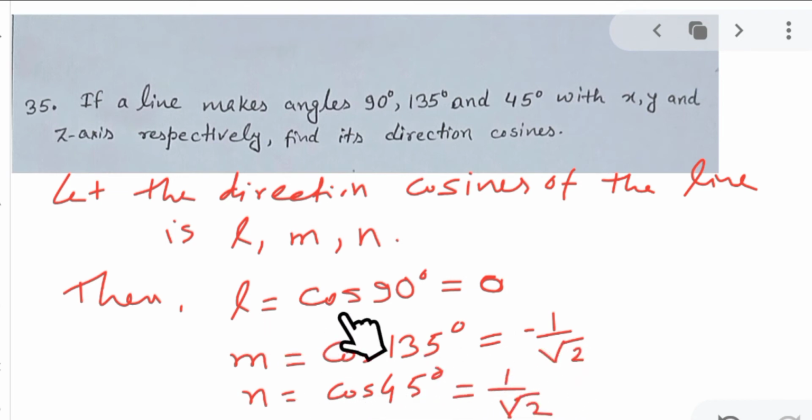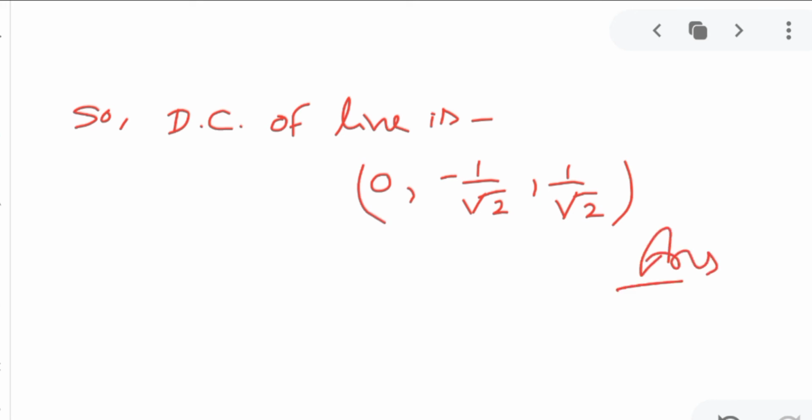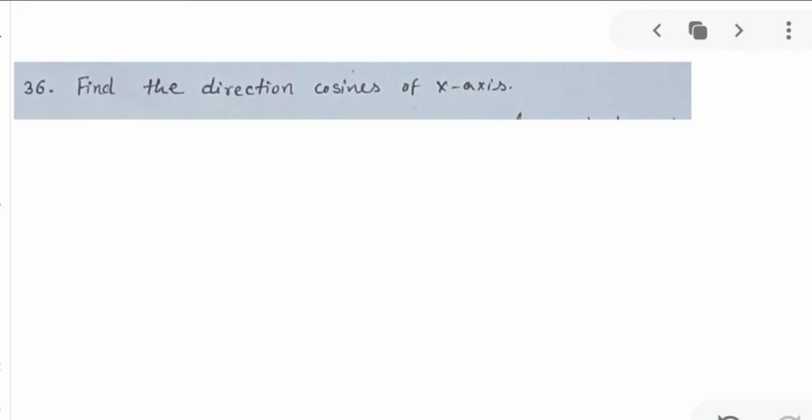So the direction cosines of the line are 0, minus 1 upon root 2, 1 upon root 2. Correct? Now we'll move to the next question.